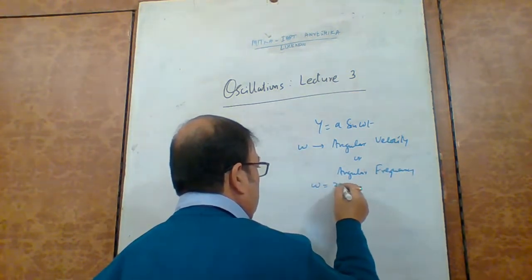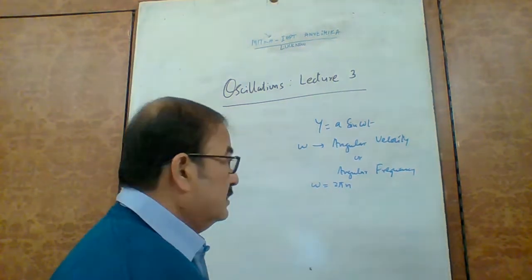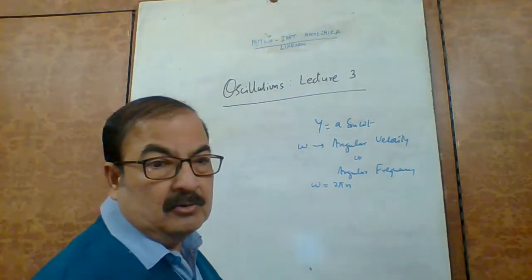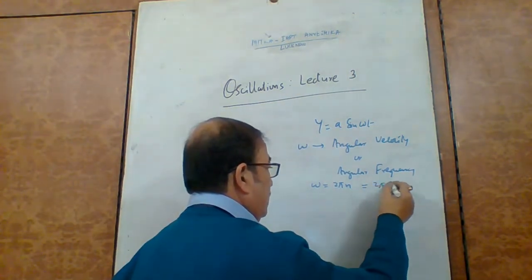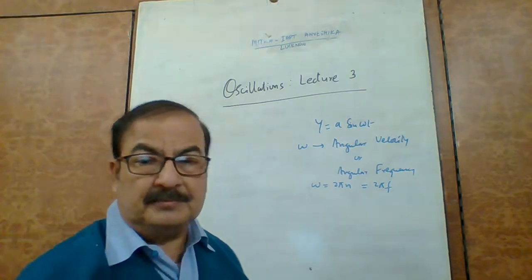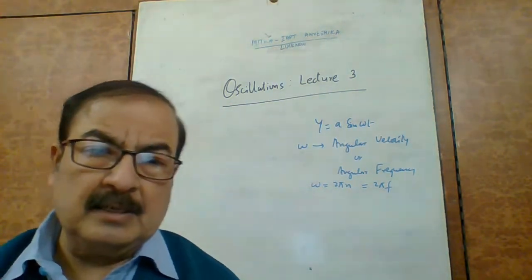Omega equal to 2 pi n, where n is the frequency, or 2 pi f, where f is the frequency. Clear?